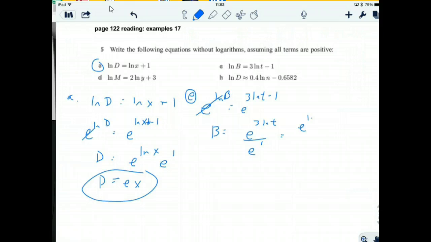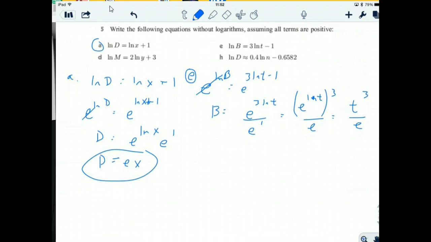We're going to put e to the natural log of t to the third divided by e, so that we can make them undo each other. And so then we have e to the natural log t is just t cubed over e.